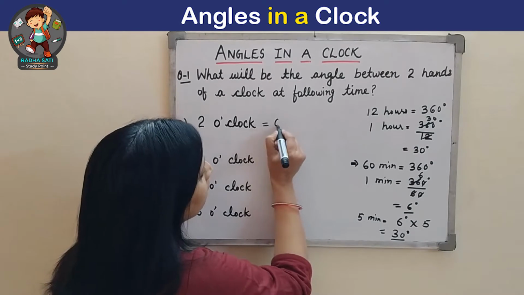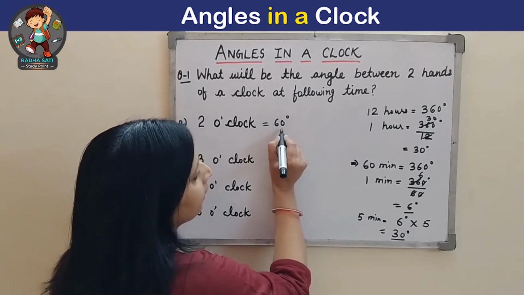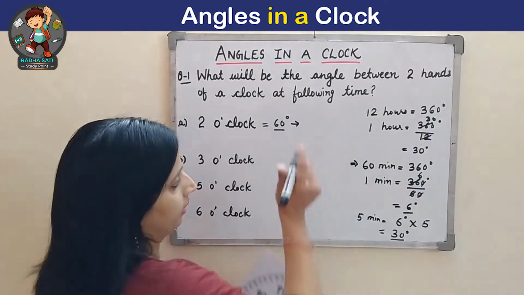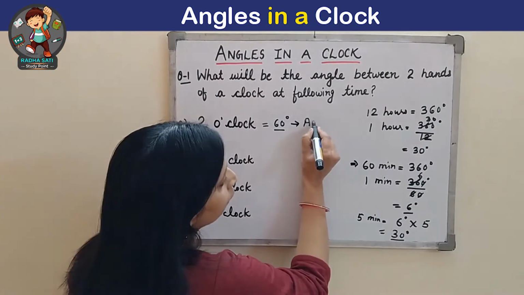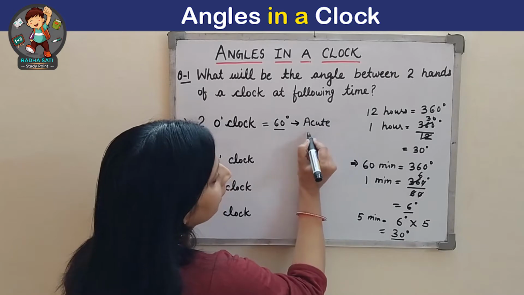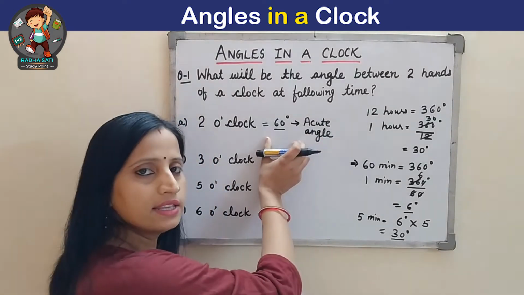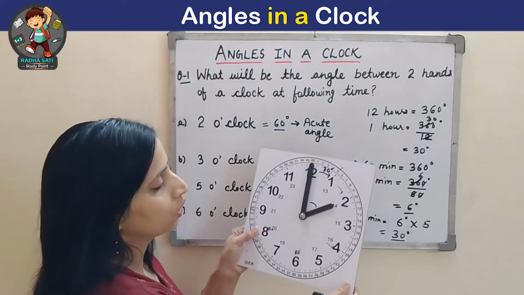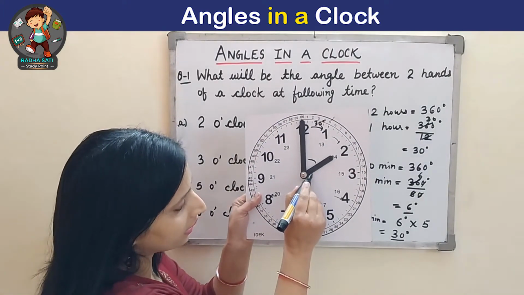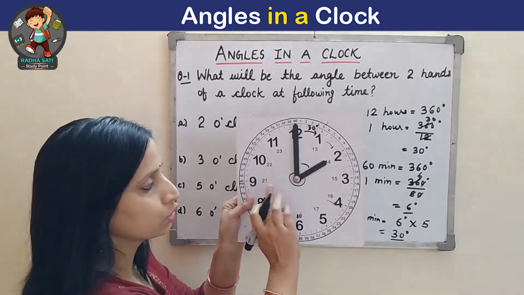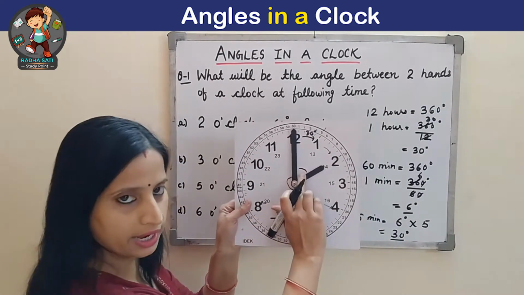At 2 o'clock there will be an angle of 60 degrees, and 60 degrees is an acute angle. The angles which are more than 0 degrees and less than 90 degrees are known as acute angles. Another angle is getting formed here also, this one, the bigger angle, but we are only talking about the smaller angle this time.